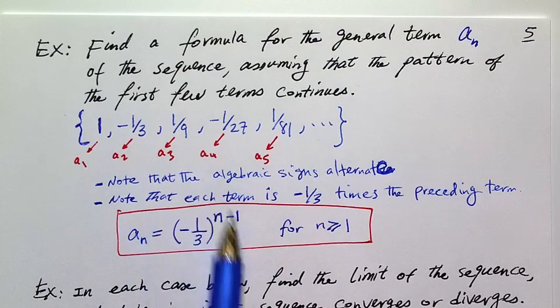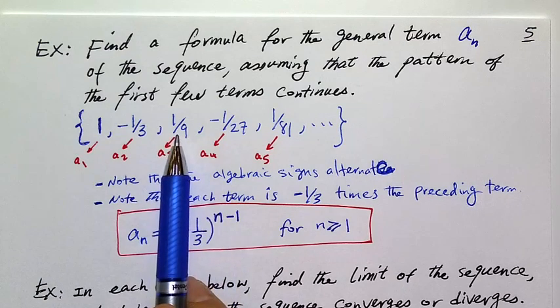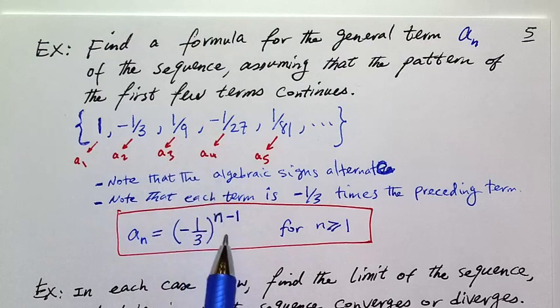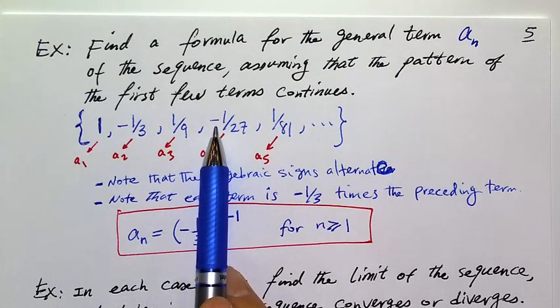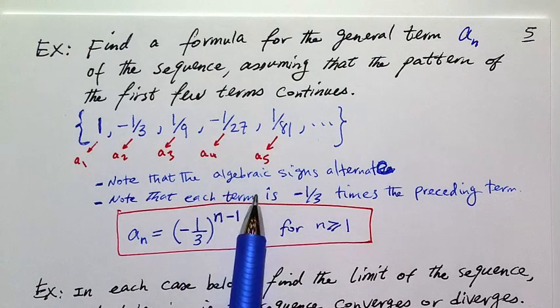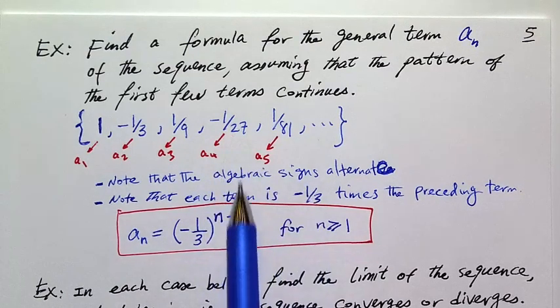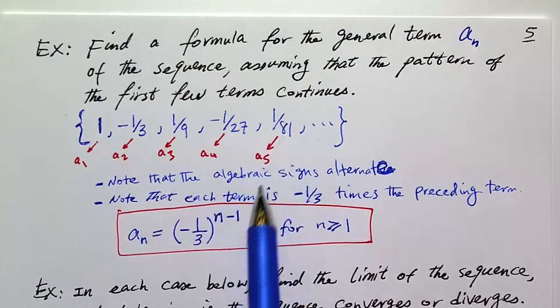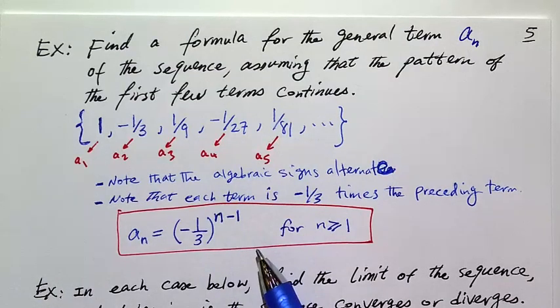If n equals 3, the power is 2, even, so the minus cancels and we get 1/3 squared, or 1/9. If n equals 4, the power is 3, so the minus stays, and 1/3 to the third power gives us minus 1/27. The same is true for the next term: if you replace n with 5, you get positive 1/81.